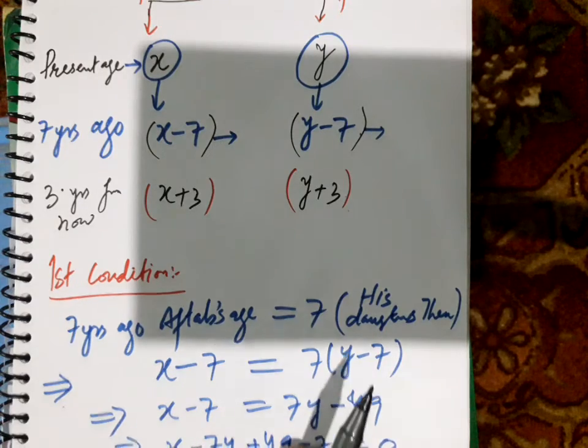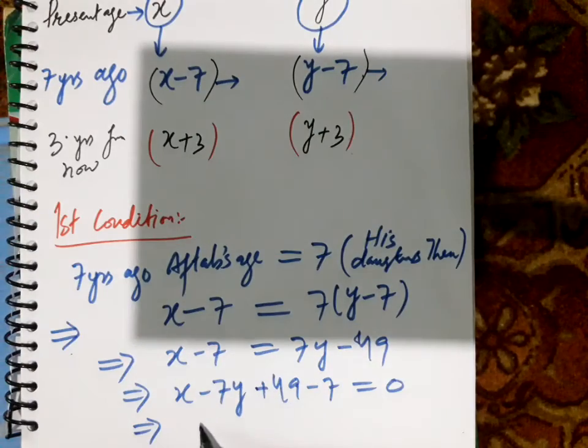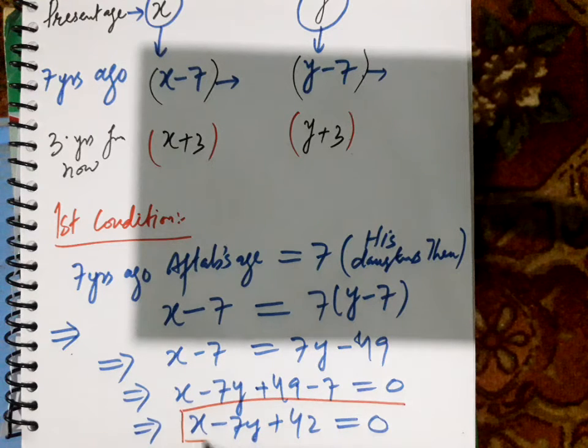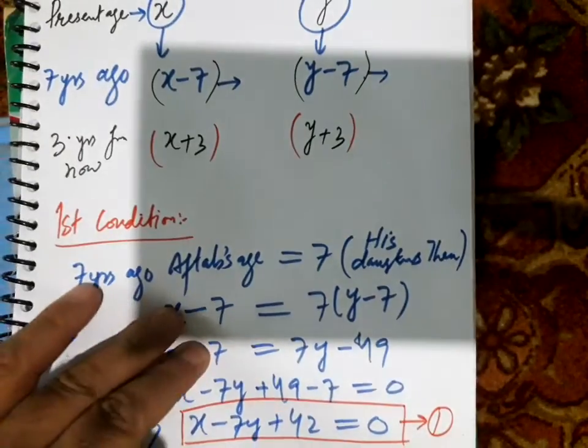This implies x minus 7y plus 42 is equal to 0. So in this way we got the first equation representing the first condition of this word problem. Now the second condition will lead to the second equation.